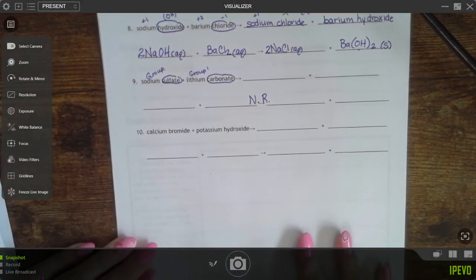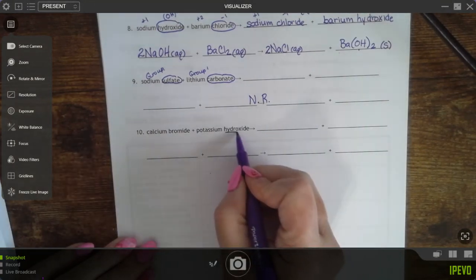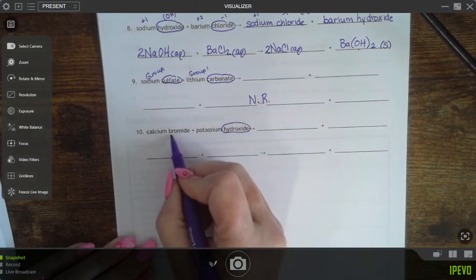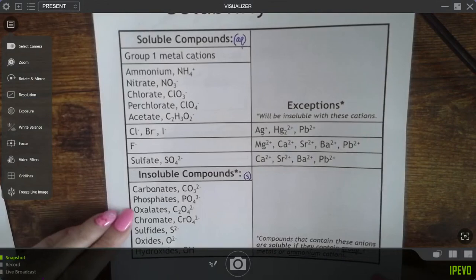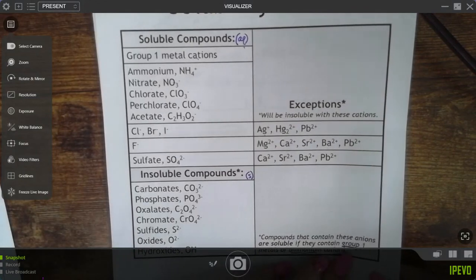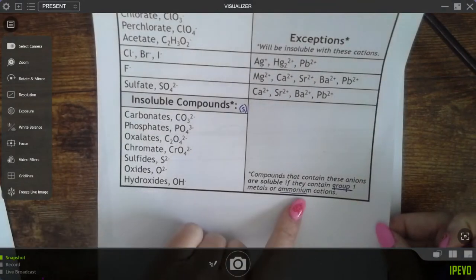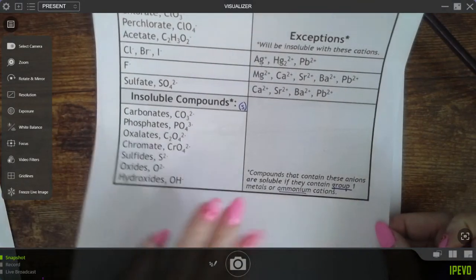All right, 1 more. We have calcium bromide and potassium hydroxide. I'm thinking that this is going to be a reaction because that hydroxide, let's look. Hydroxides are always insoluble unless with group 1. Oops, you couldn't see that. Hydroxides are only soluble if they're with group 1.